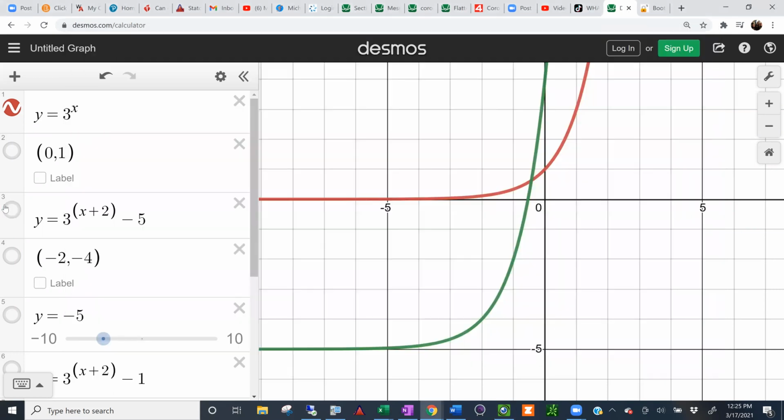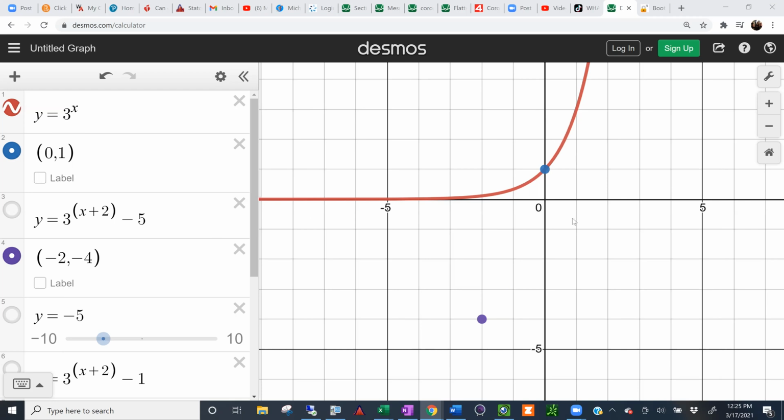So over here, I've got the graph of y equals 3 to the x. And let me put in that special point that I like, (0, 1). Now, when you shift that point to the left by 2 and down by 5, that's going to put a new point right here. So this graph has been picked up and moved down to here. Also, the x-axis, that's your horizontal asymptote, gets shifted down a total of 5.